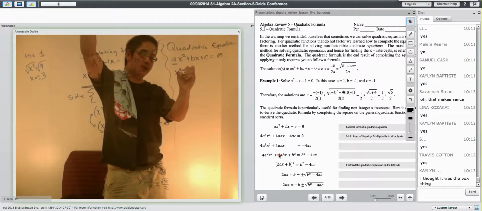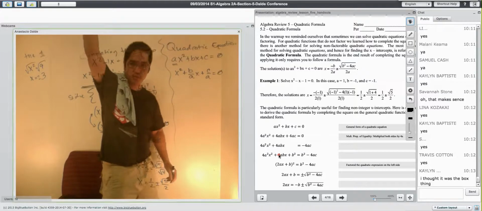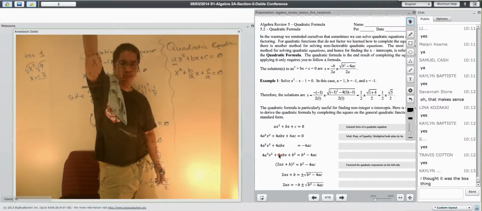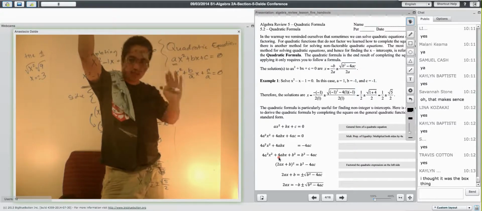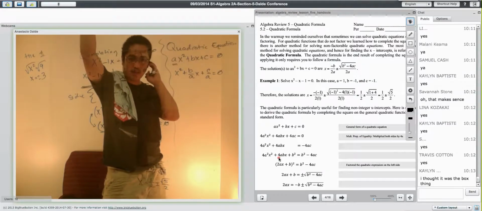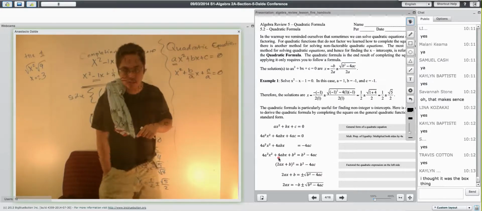So I have x squared plus b over a x plus c over a equals 0. Good? Write down exactly what I write down, and write down the explanation. Go back and re-watch this video so that you can write down the explanation.